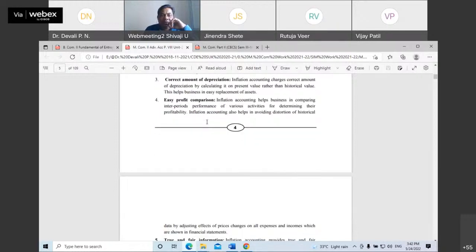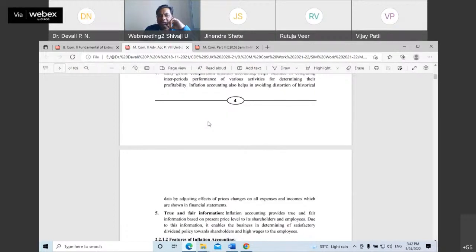Another part is easy profit comparison. Sometimes different kinds of activities are considered by the business, and on the basis of that we get the performance of the company or the business.